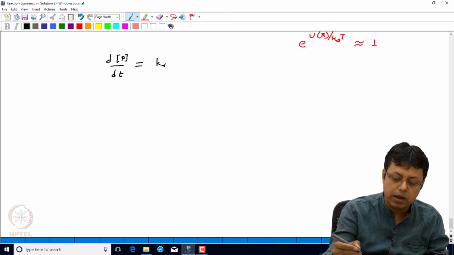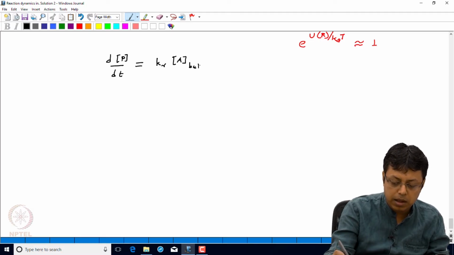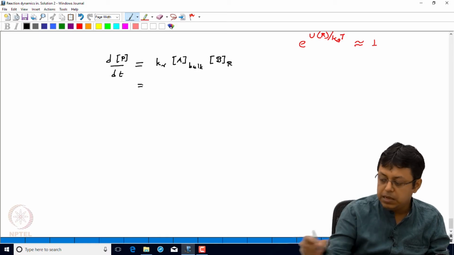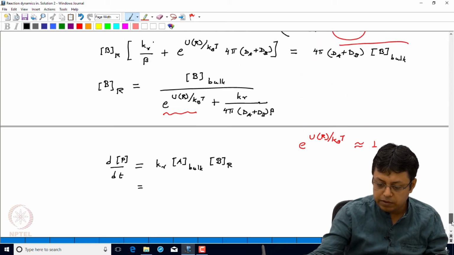So we are going to approximate it again. So Kr into A bulk times B at position R, and B at position R is what we have evaluated.